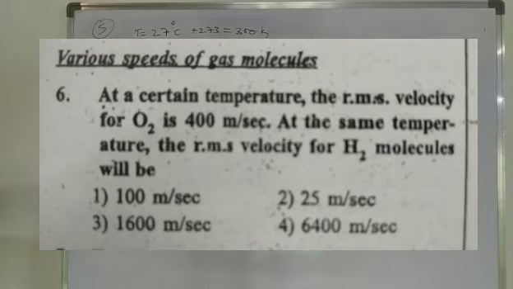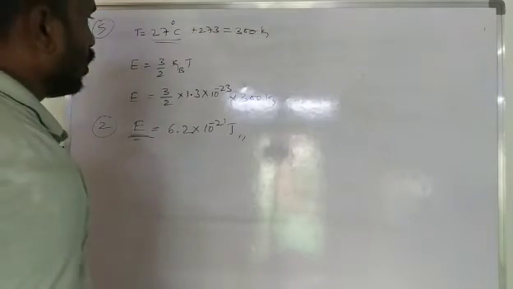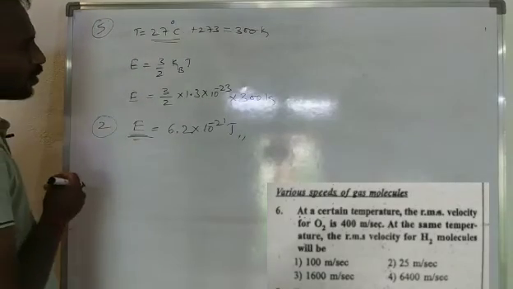Here the temperature is the same, and we want to calculate the RMS velocity of the H2 molecule. The O2 molecule velocity is already given as 400 meter per second.